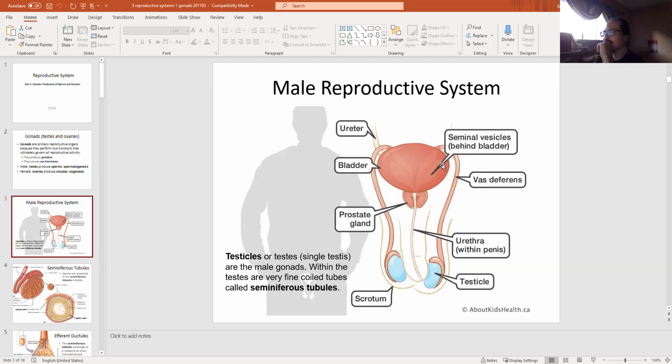It goes beyond the urinary bladder, combines with the fluid from the seminal vesicles, connects with the urethra, and goes through the prostate. So that's the sperm ejaculation, the entire male reproductive system.